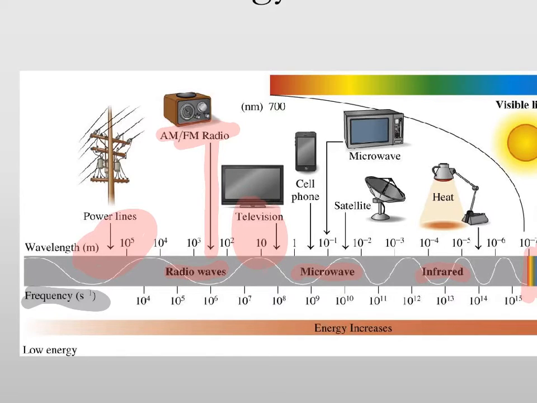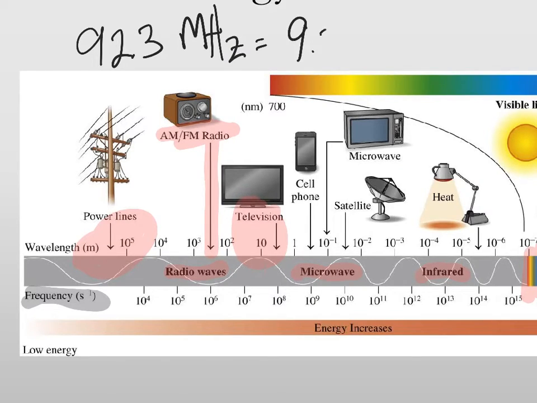And so if you have, let's say, 92.3 megahertz, this is 9.23 times 10 to the 7th hertz, which would put it right around here. And so that would be FM radio, sorry.